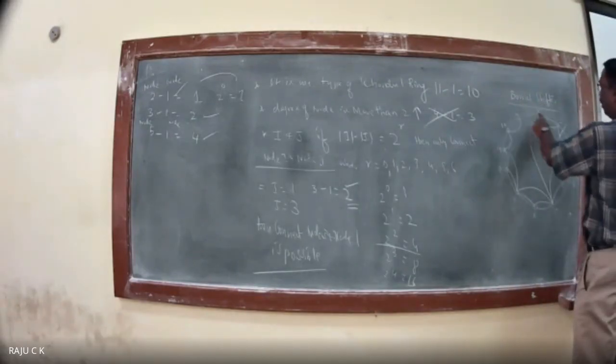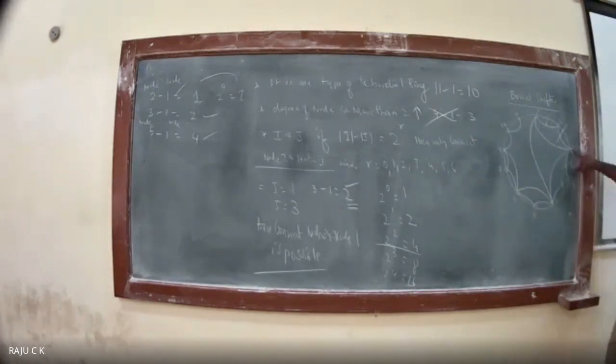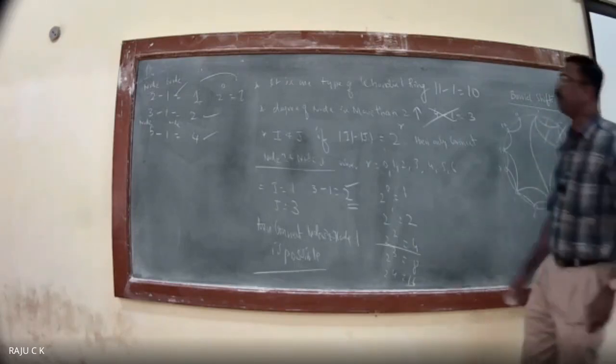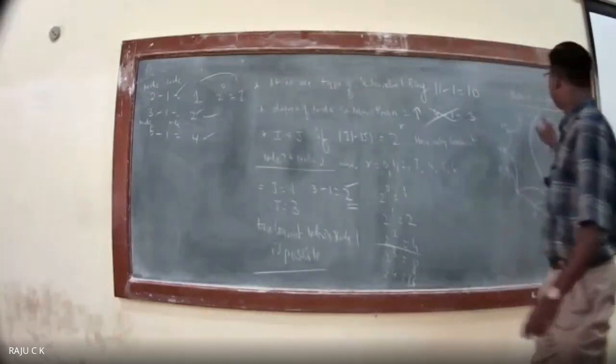And then 11 and 10, I can join here. Suppose I am joining 3 and 1, node number 3 and node number 1, can be joined because 3 minus 1 is 2. 3 minus 2 can be joined here.